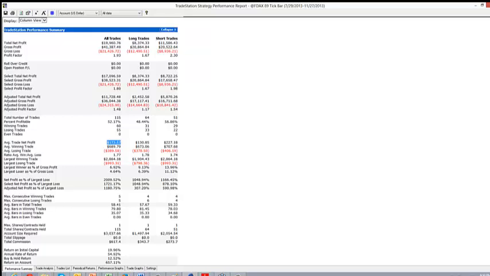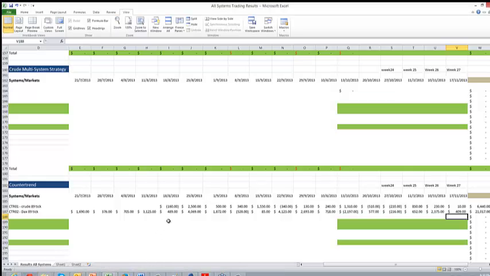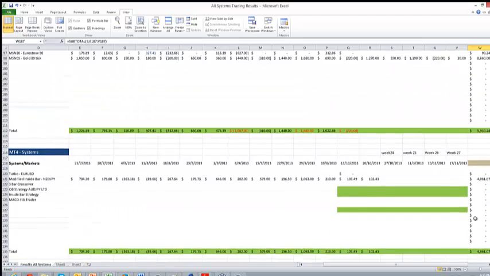If you look at this system here, for example, 52% win rate, but have a look at the profit that it's brought in over the same period. This thing has made $21,000 in the same 16-week period as every other strategy on our books.